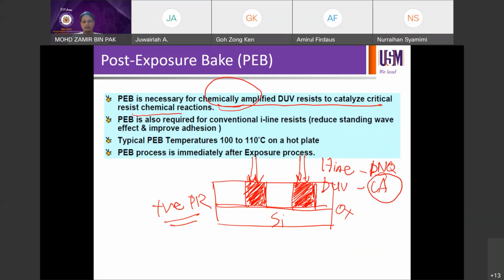They can trigger reaction during the PEB step. PEB is also required for conventional I-line resist to reduce standing wave and improve adhesion. We're going to come to this standing wave issue after we talk about the development stage. Typical PEB temperature is between 100 to 110 degrees C on a hot plate, done immediately after the exposure step.